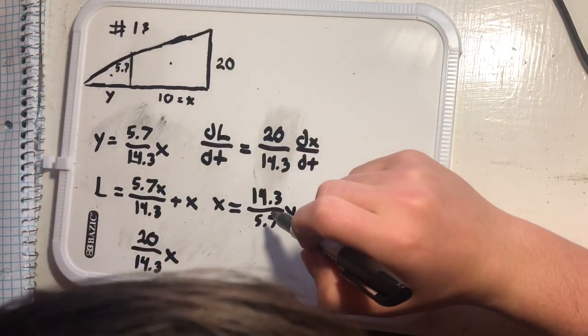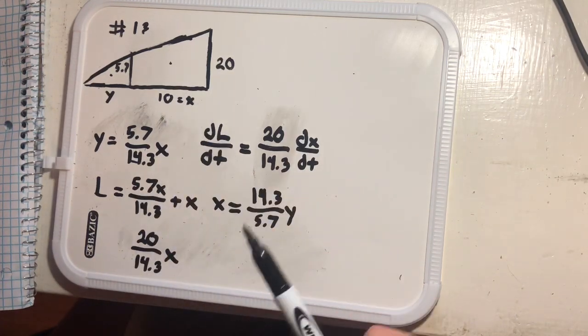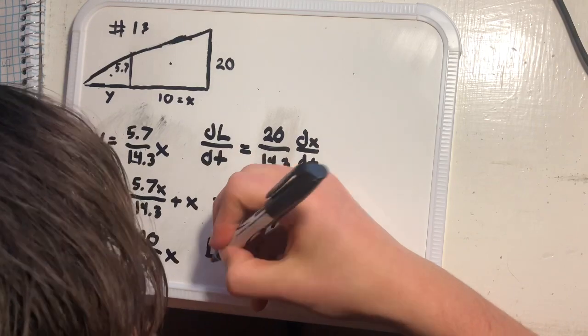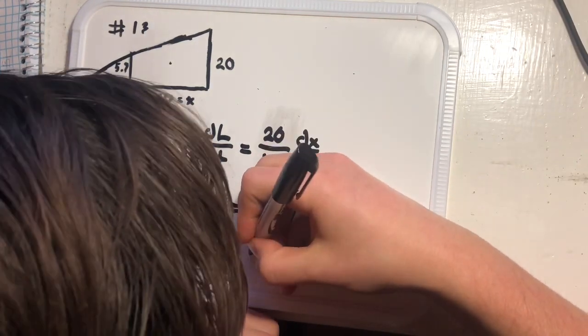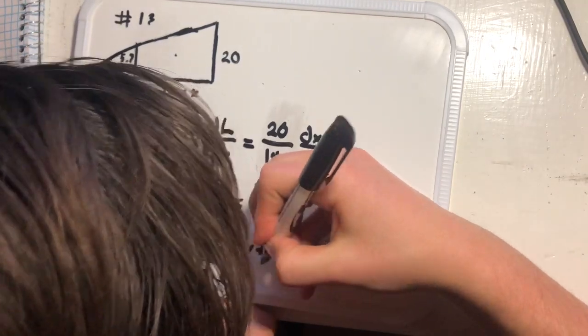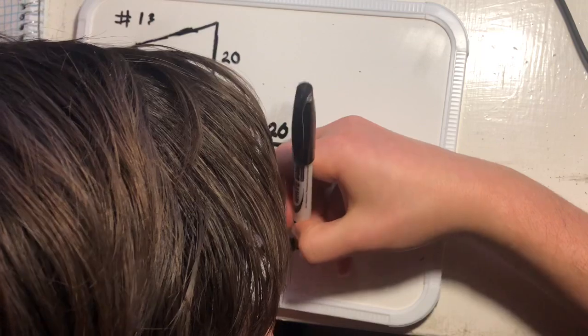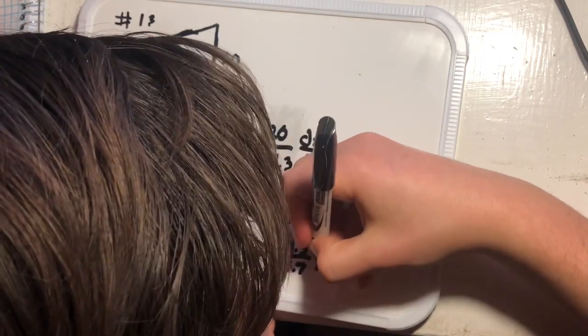And with this equation, we also have the equation of the length in terms of L. L equals y plus 14.3 over 5.7 y.